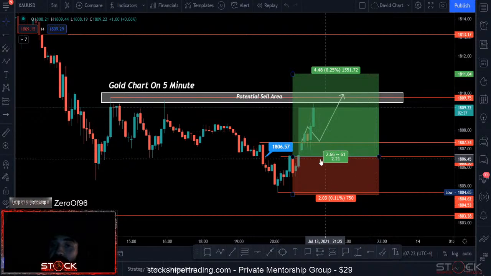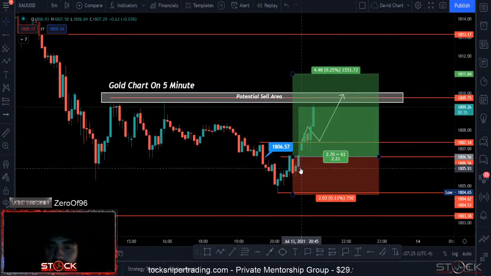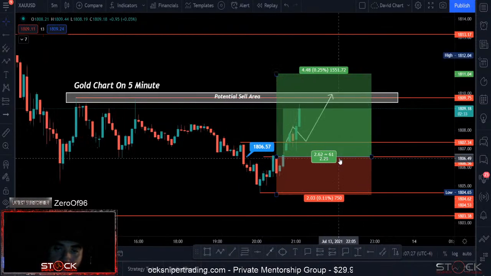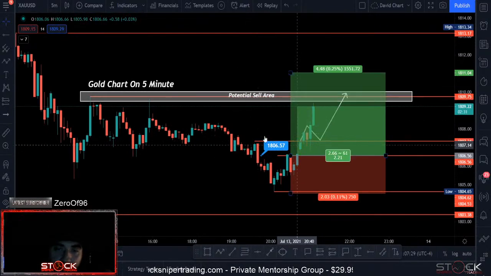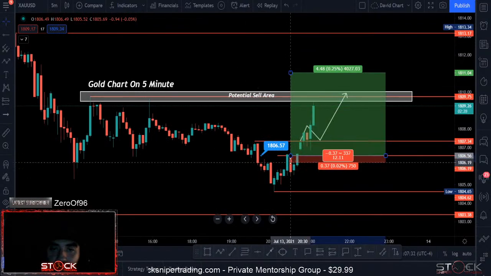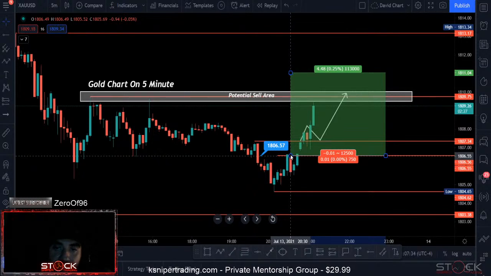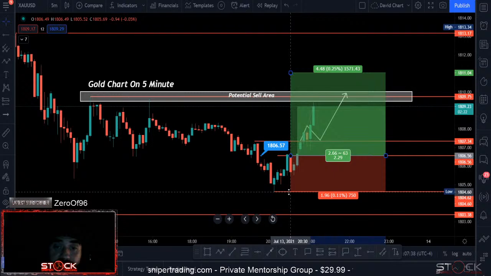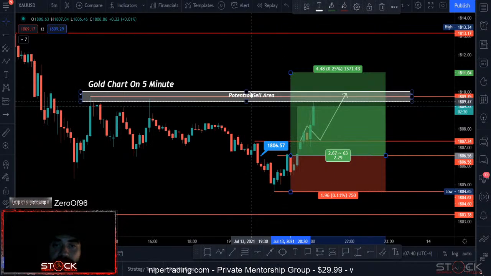There we go, guys. Zero drawdown. This is where we got in the entry for real. You can go back and watch the video after. Zero drawdown. So if you wanted to now move your stop loss to break even, it becomes a totally risk-free trade. If you believe it might sell off or retest, keep it there. It's up to you.